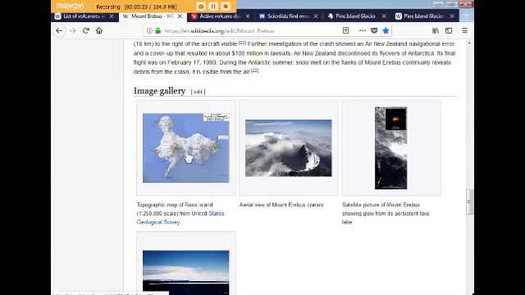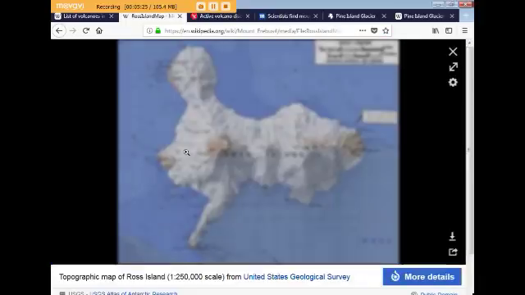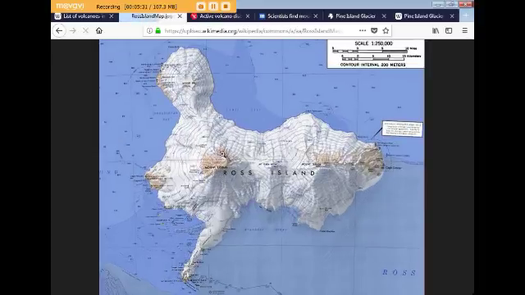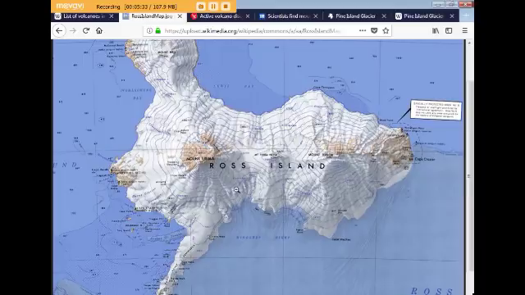Now, we're going to look at these images. They're really interesting. Here's the island that it's on, and it's right here. This is Ross Island. And this is Mount Erebus, and there's Mount Terror over here, and there's the other one. 12,448 feet.